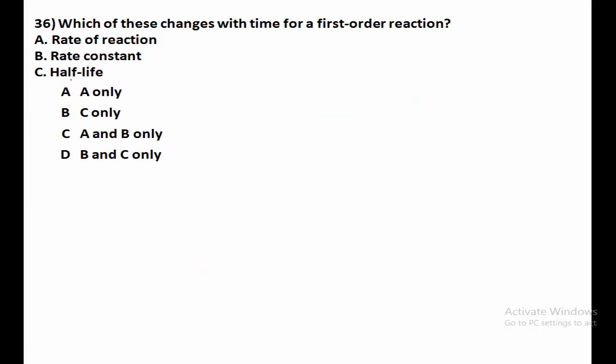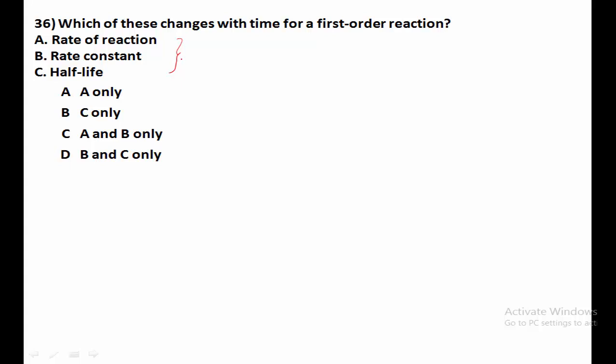Next question, 36th. Which of these changes with time for a first order reaction? A. Rate of reaction, B. Rate constant, C. Half-life. They have given 3 factors and asked you to find which will change with time for a first order reaction.